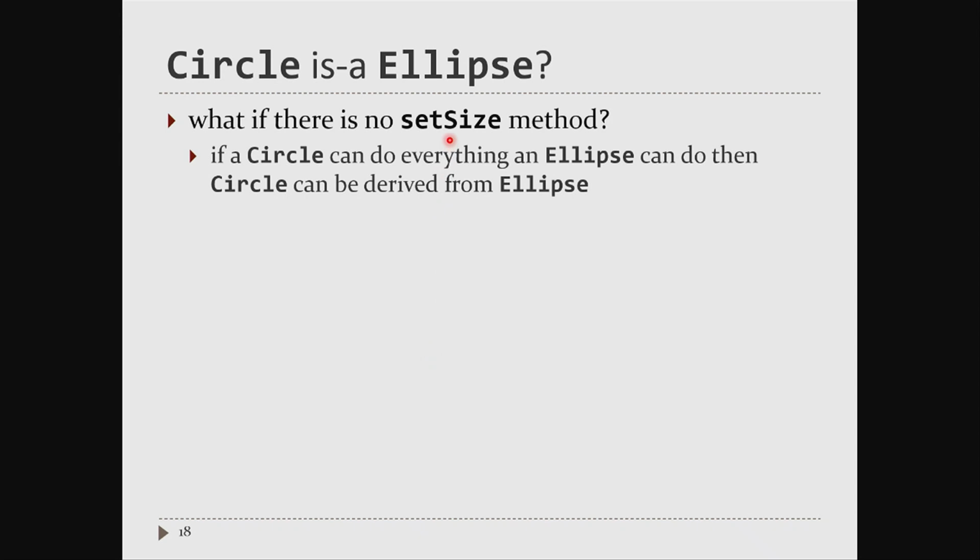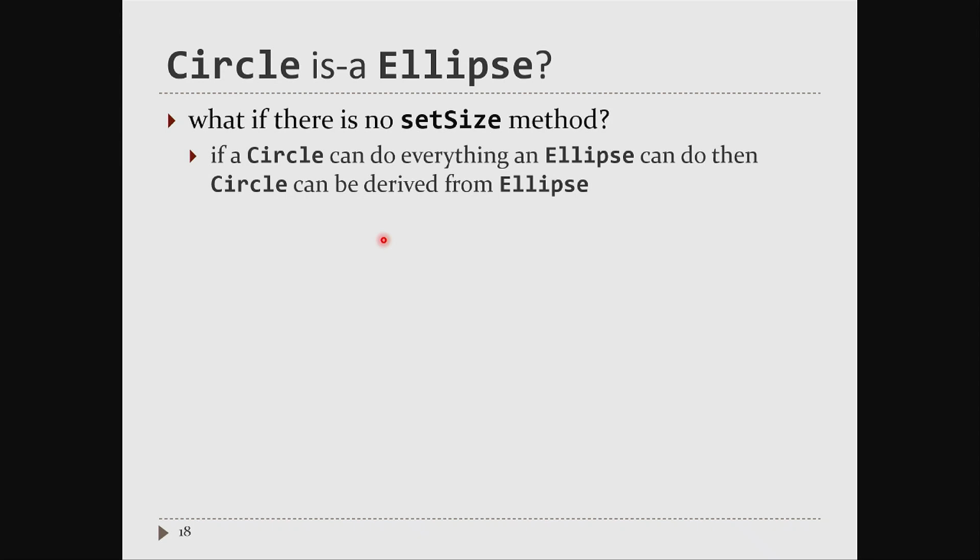Now, suppose there is no setSize method. Suppose there's no method in ellipse that circle can't also implement. If a circle can do everything an ellipse can do, then that's fine. You can use inheritance. But you have to always ask yourself when you're implementing an inheritance hierarchy, is this class really substitutable for the one that I'm inheriting from?